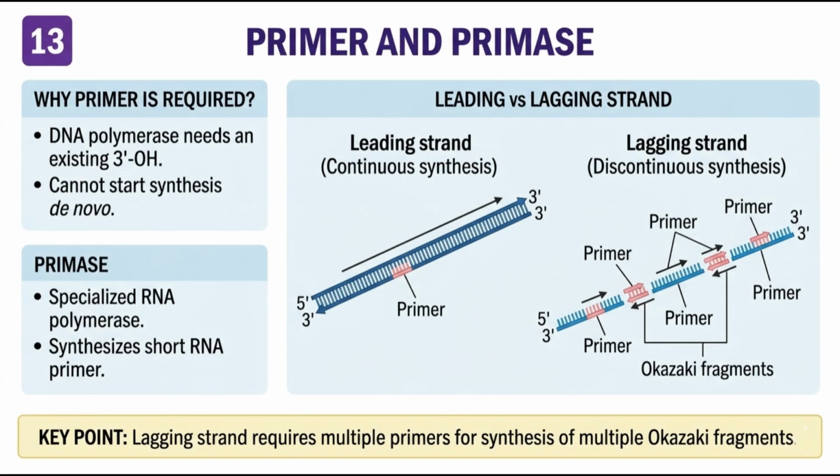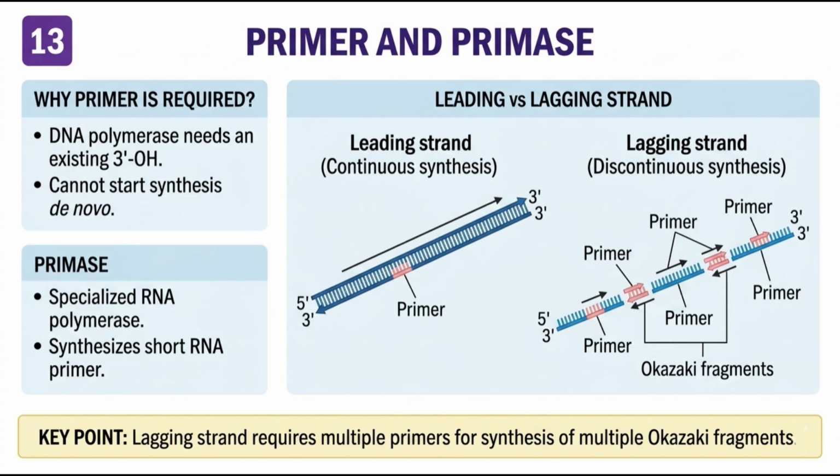Primer and primase. DNA polymerase cannot start synthesis independently because it requires a pre-existing 3' group. This requirement is fulfilled by primers. Primers are synthesized by primase, a specialized RNA polymerase. Primase produces short RNA primers complementary to the DNA template.